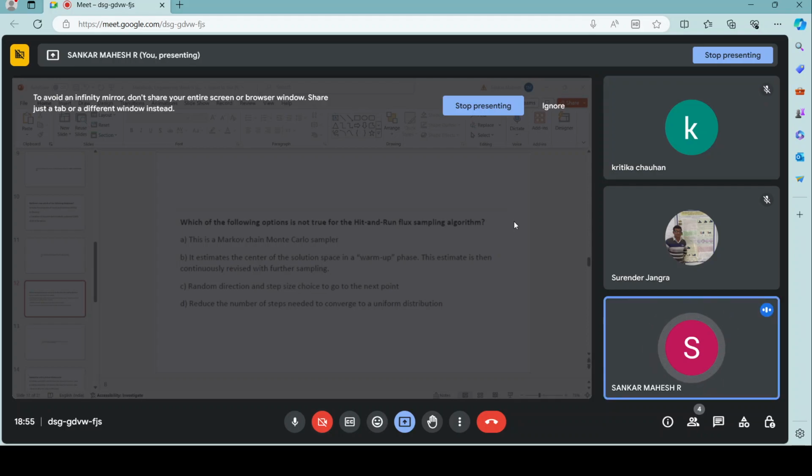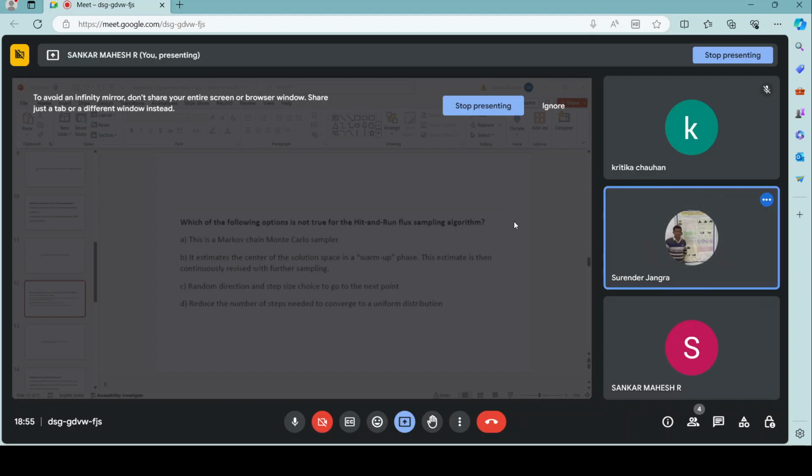So, do you understand what flux sampling algorithm is? Flux sampling is how flux is flowing in the cell.